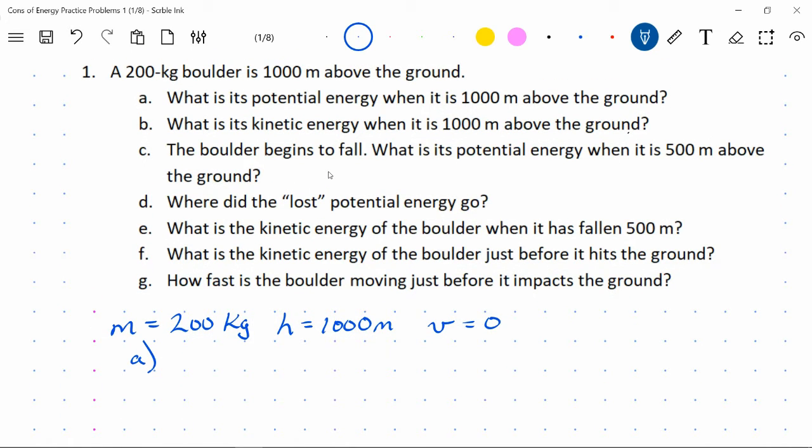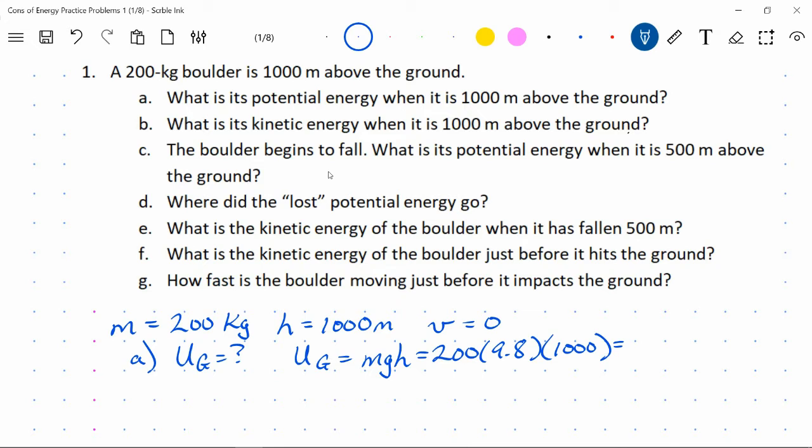Okay, part A asks, what is the potential energy when it's up there? This is really just a straightforward application of the equation. U gravity, the unknown, is equal to mgh, and we have all of the values that we need. So 200 times 9.8 times 1,000.